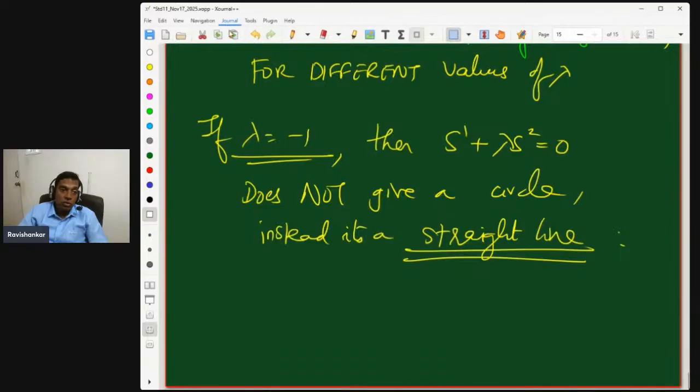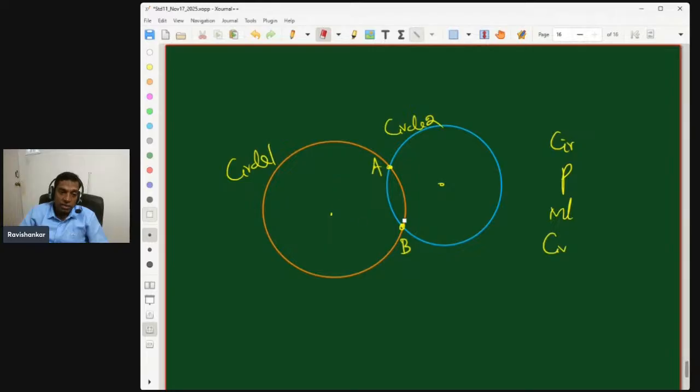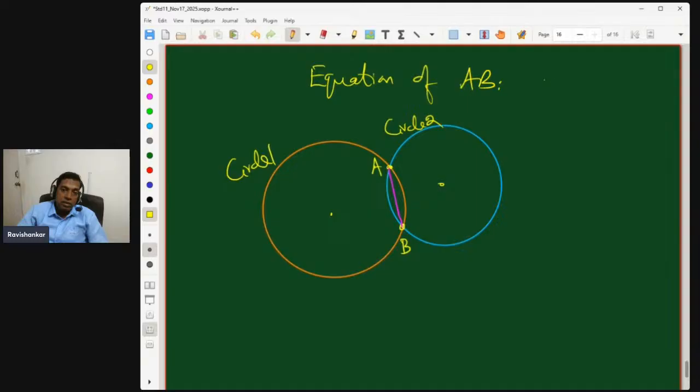So if I remove all the green ones, the equation of the common chord is given by S1 minus S2 is 0. Remember what S1 and S2 are.